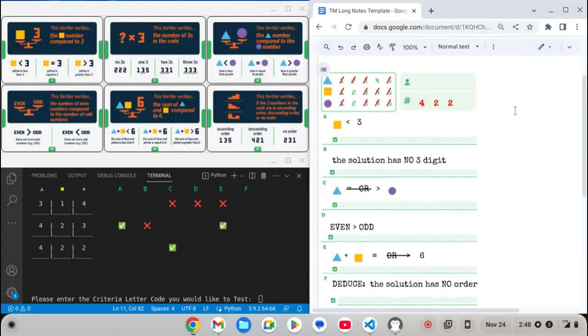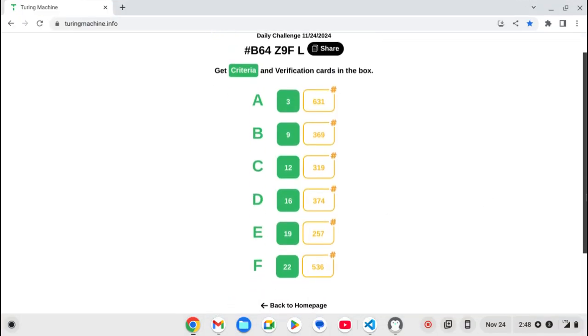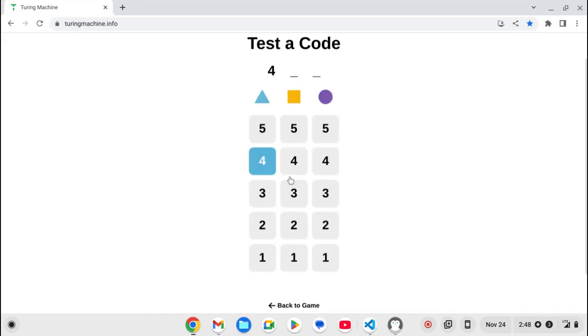So yeah, that also falls under the definition that I lined out at the top of the video. 4, 2, 2 has no solution. Well, let's go verify. That, again, 4, 2, 2 is our solution.